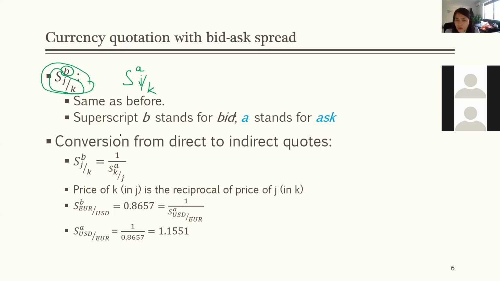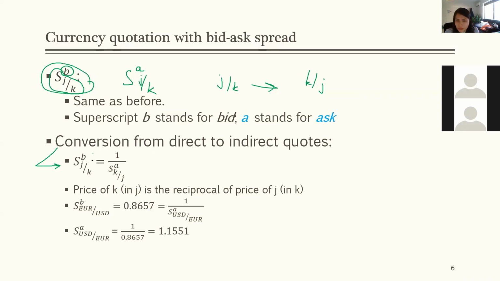All right, one more thing. Let's say I have the J over K exchange rate, and I want to find the K over J exchange rate instead. With the presence of the bid-ask spread, I can convert the exchange rates using this equation here.